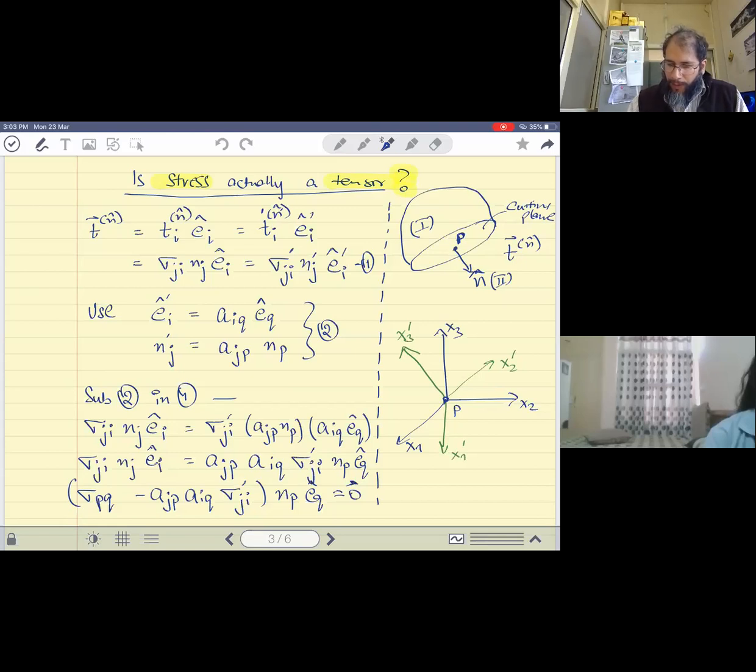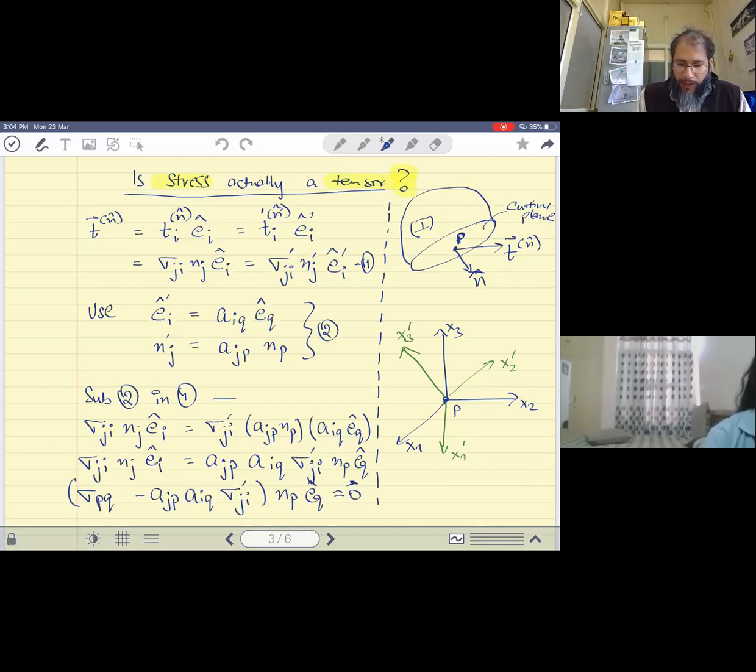Okay. And at the point P, we have a traction vector which is given as T superscript n hat. Okay. So we'll be using this in the context of showing stress matrix as a tensor.